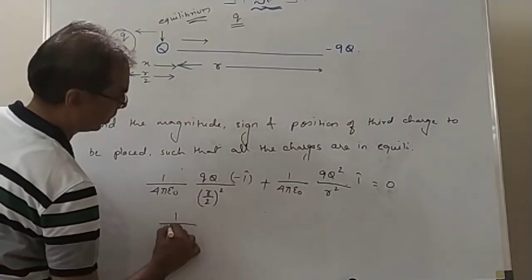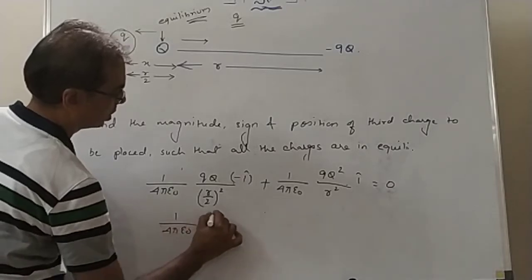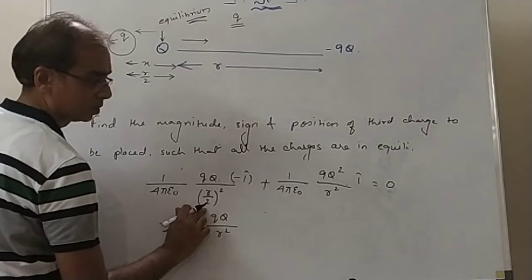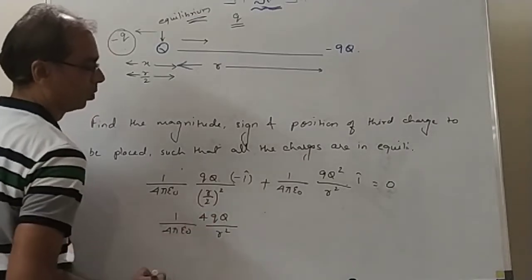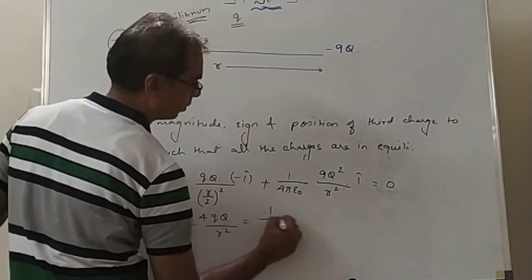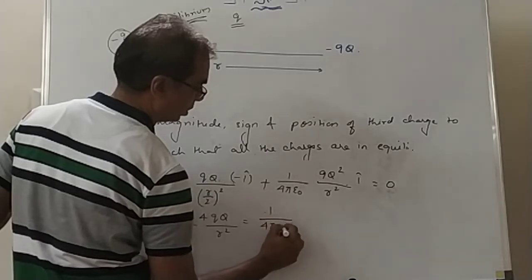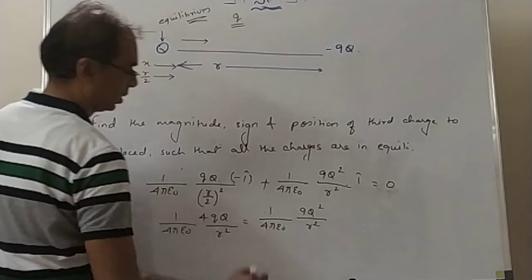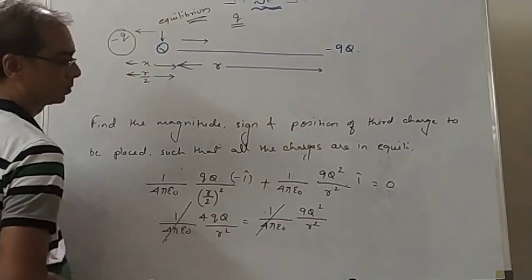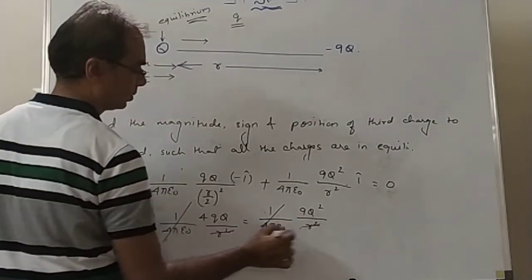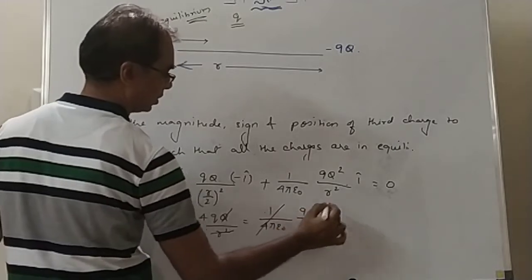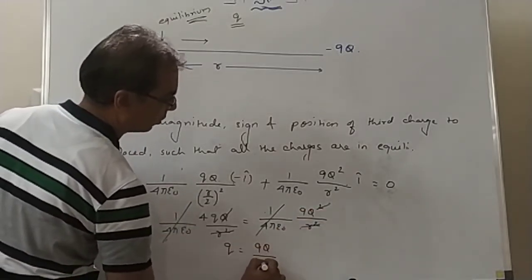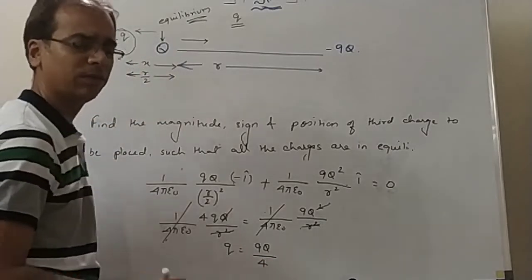So 1 by 4 pi epsilon naught q q by r square by 4. Take this 4 into the numerator, that's 4, equal to 1 by 4 pi epsilon naught 9q square by r square. So r square cancels, one q cancels. So what is the q value? Q value is coming 9q by 4. Have we found everything?